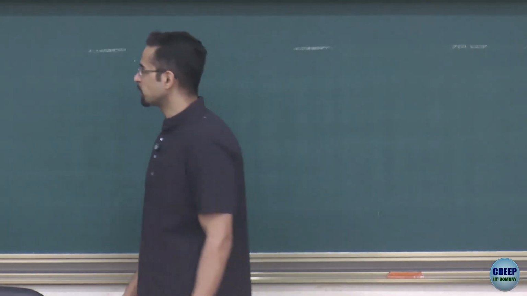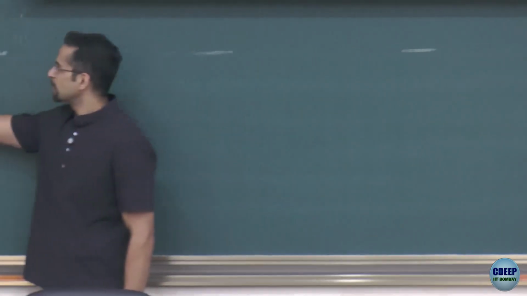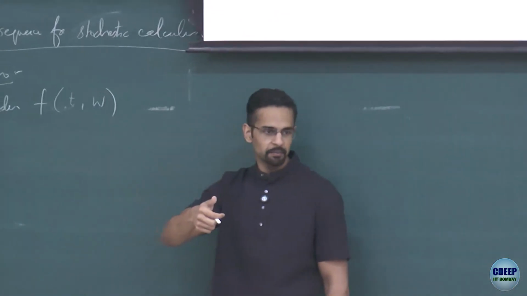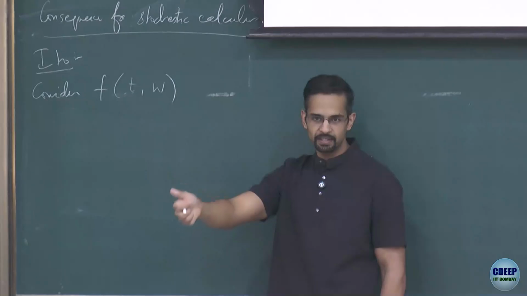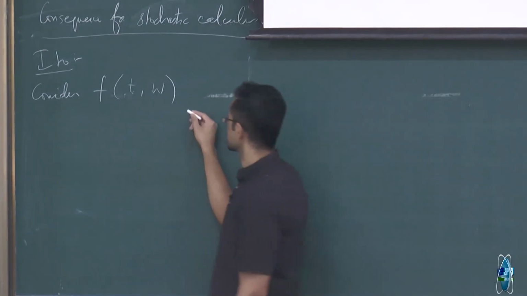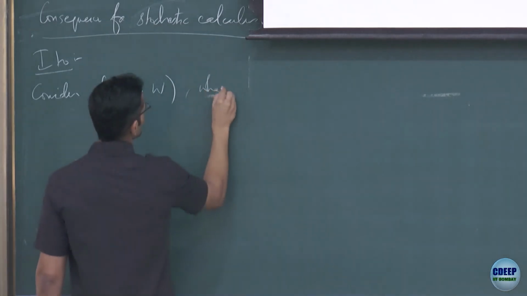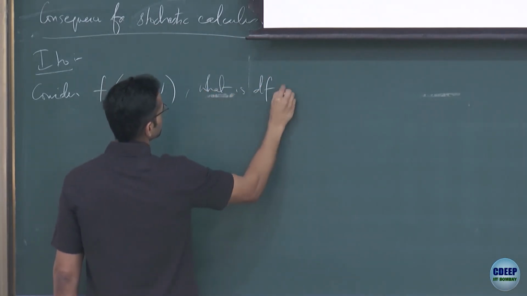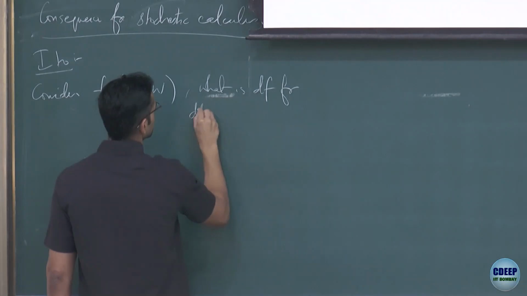And what I would like to know is, if I make an increment in time dt, which will have this corresponding increment dw, what will be the increment in f? So what is df for dt and dw?